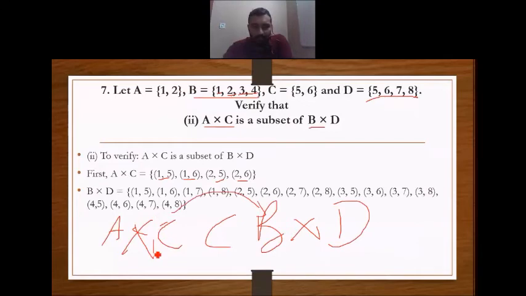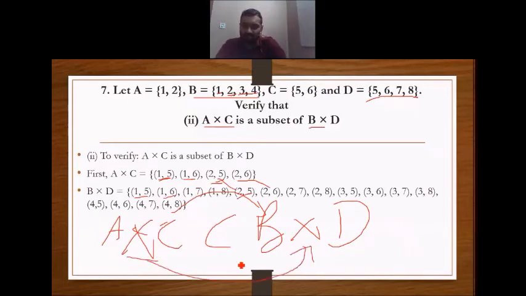Now is this there? So (1,5) element is there here. (1,6) is there in this. (2,5) is there in this. (2,6) is there too. So therefore all the elements of A cross C are there in the bigger set B cross C.